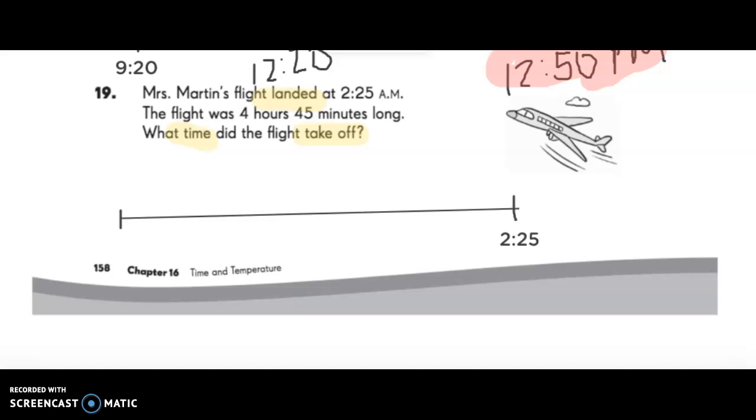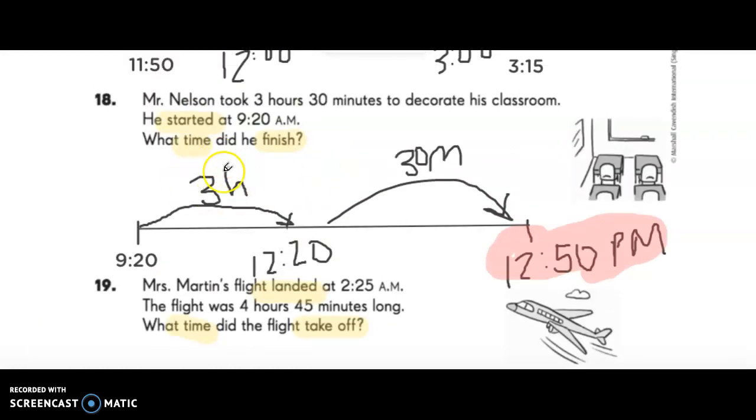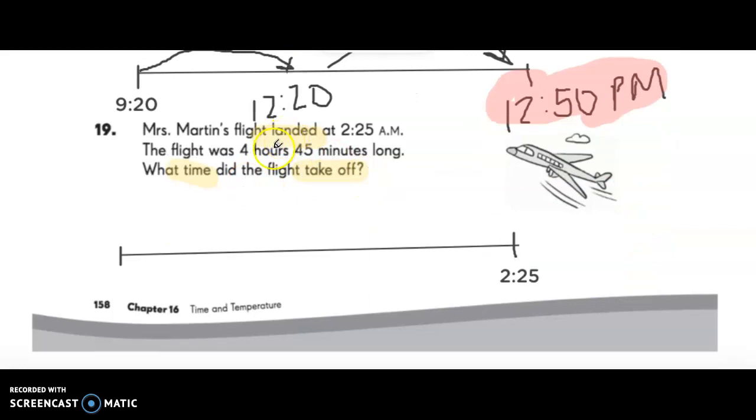So we need to go a total of 4 hours and 45 minutes. So for this one, what you can do is, now typically you don't want to do jumps larger than 3 hours at a time. This one's 4, so I'm going to break it up and do 2 at a time so I make sure that I don't lose count.